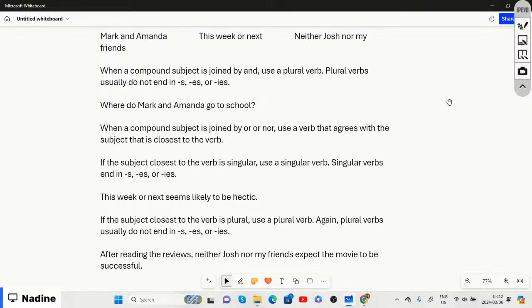Which means that it's two people that we are making mention of, so we use plural verbs that do not end in s, es, or ies.